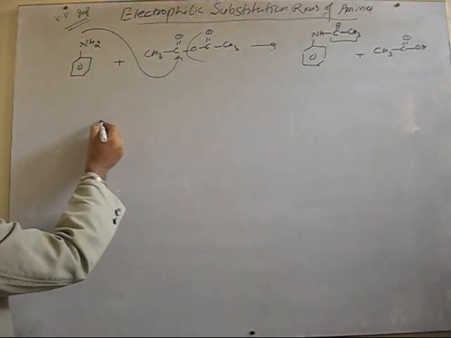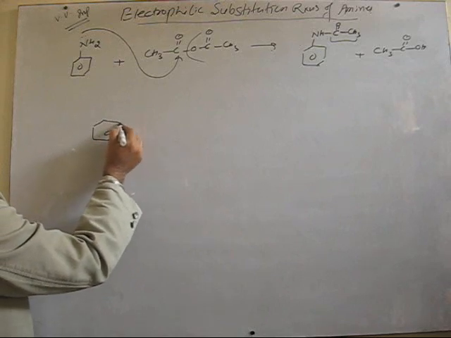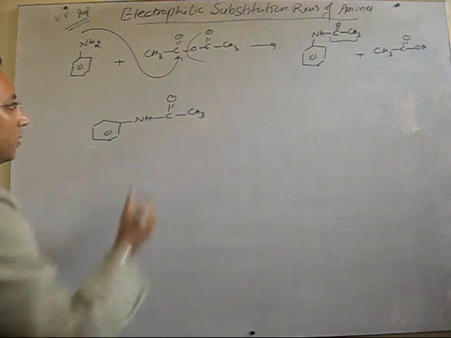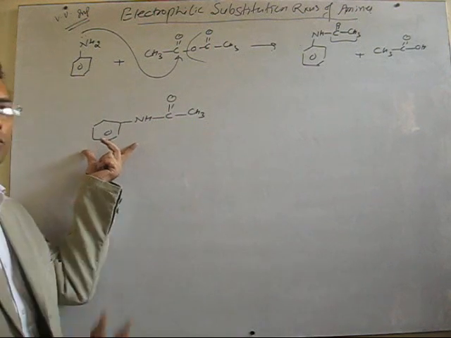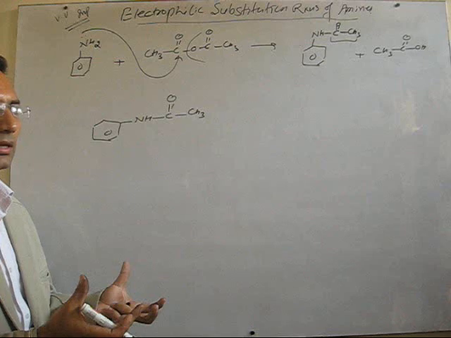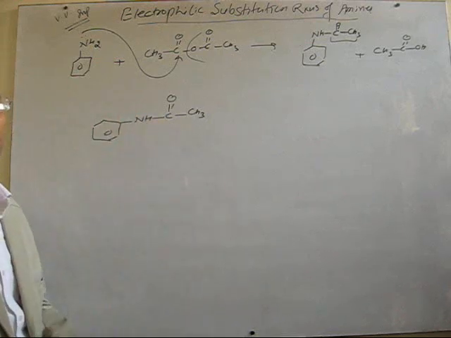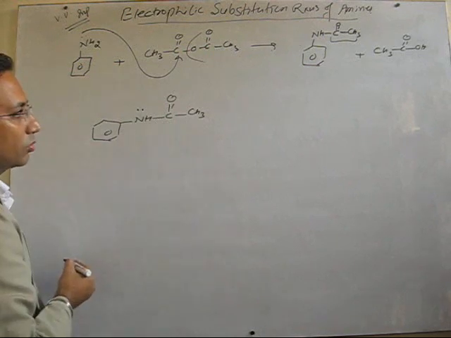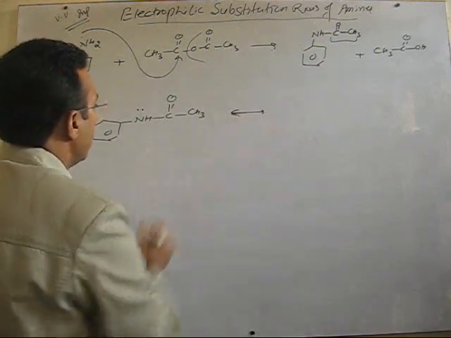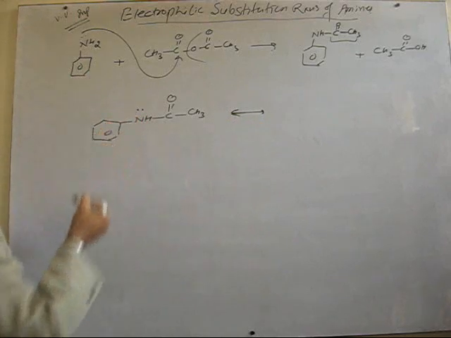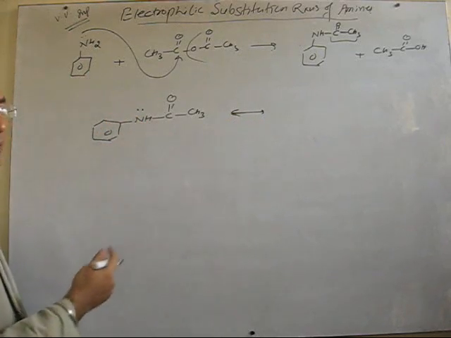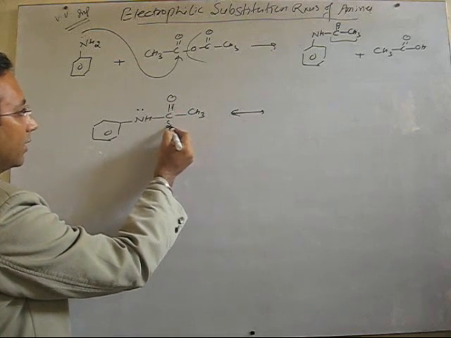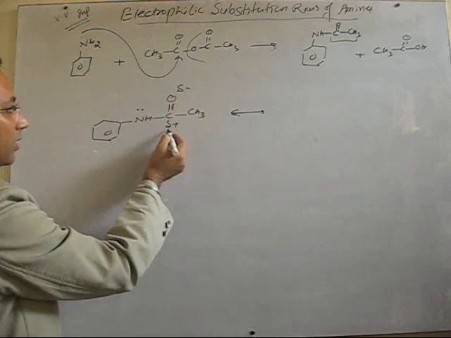Now let's see what is the benefit of introducing such a group on the nitrogen attached to benzene. The problem of getting tri-substituted products, the high electron density in the ring, was due to the lone pair present on the nitrogen. But if such a group is attached to nitrogen, then though nitrogen is shifting its electrons towards the ring, in this case there will be less shifting towards the ring because one more group is here, that is the carbonyl group, in which carbon is partially positive.